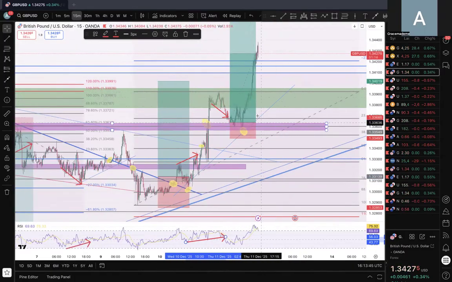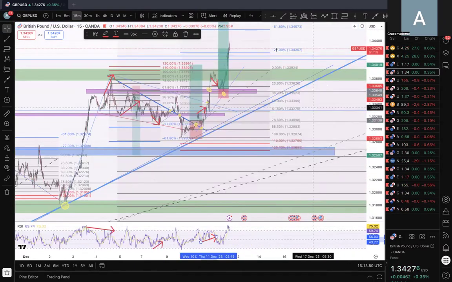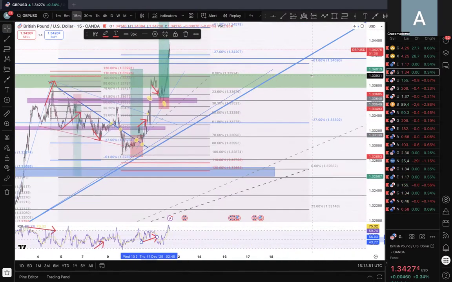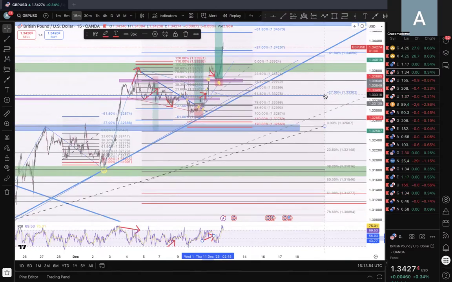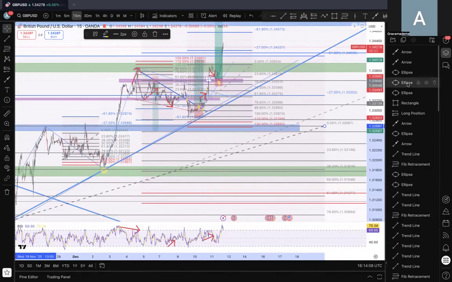I was so excited. And then because I just have Fibonacci levels, I have so many fibs. Remember we had a negative 27. This trade is all over. Let's take this one out for a minute. Let's hide this fib level.